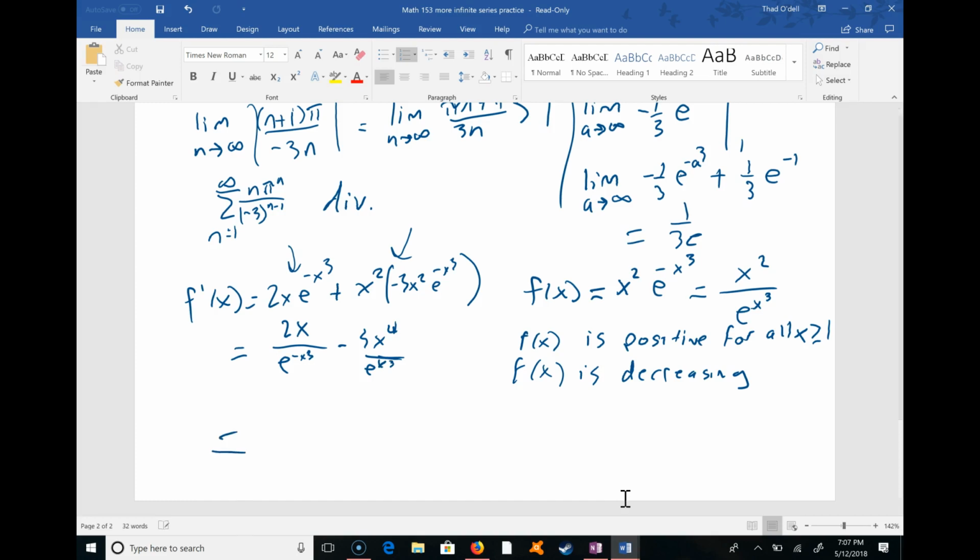So we got 2x minus 3x to the fourth over e to the x cubed, and that will clearly be less than 0 for all x greater than or equal to 1. So we just showed it's decreasing.